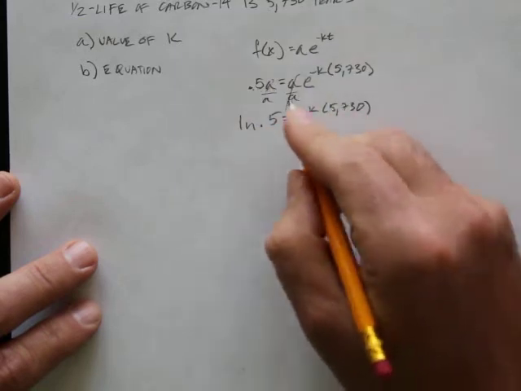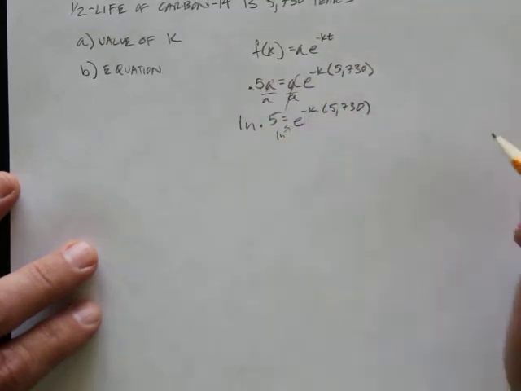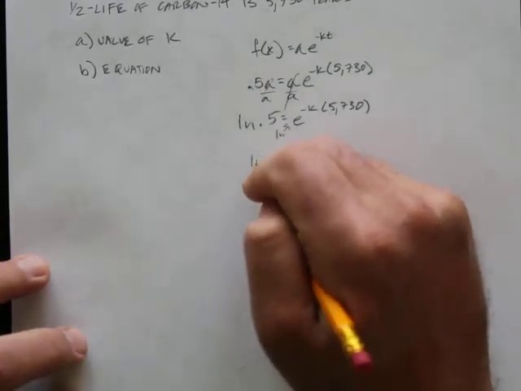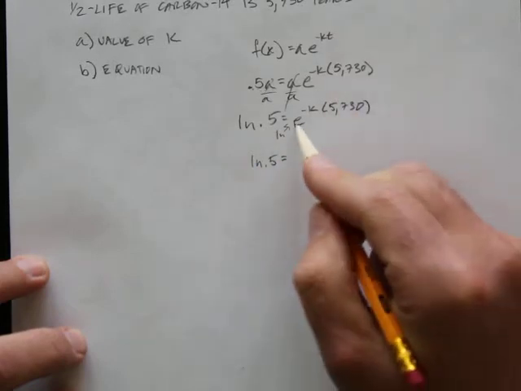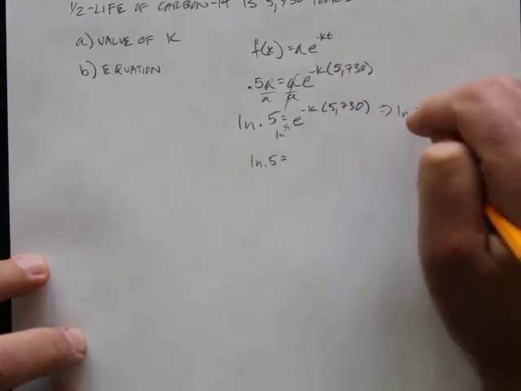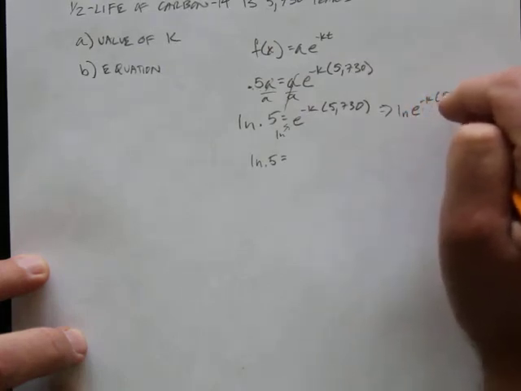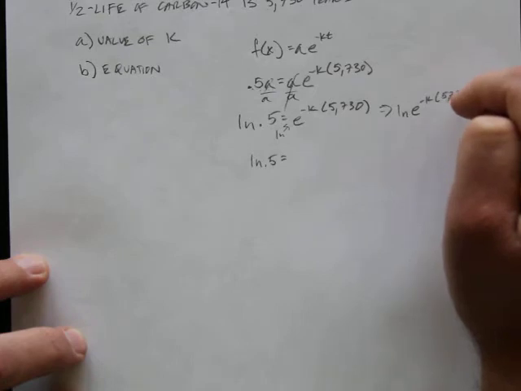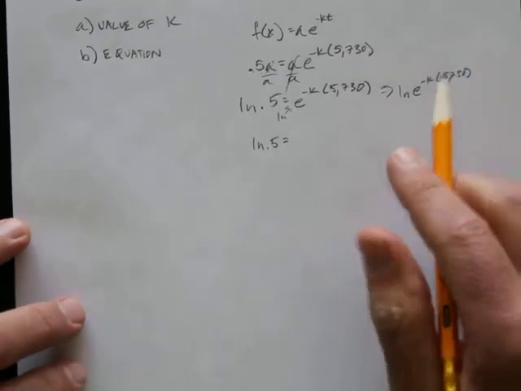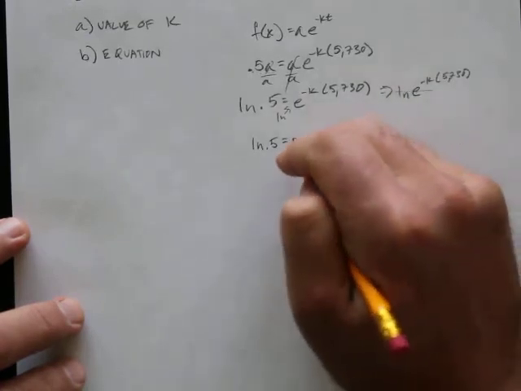Natural log of 0.5, and then I also take the natural log of e to this mess. And when I do that, I get the natural log of 0.5 equals the natural log of e to the negative k times 5,730.